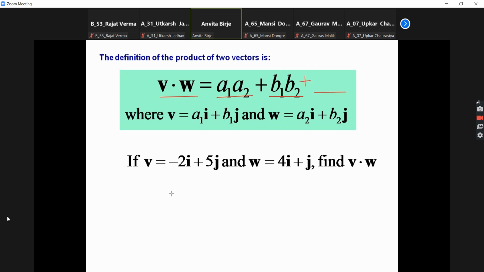The same we are going to apply here. In this particular example I have taken some numerical values. So V and W are written there and you are going to find the dot product of V and W.